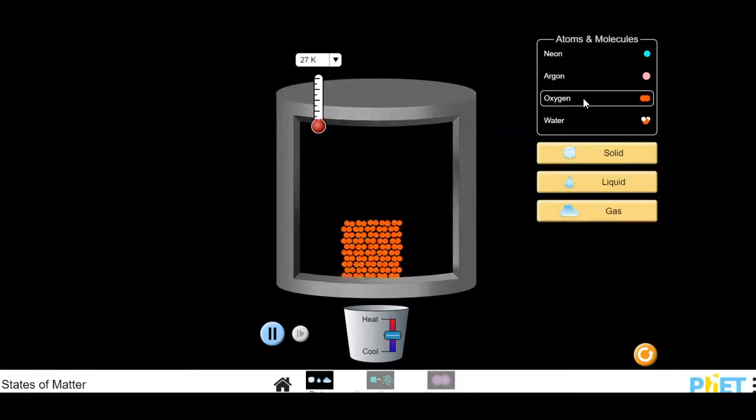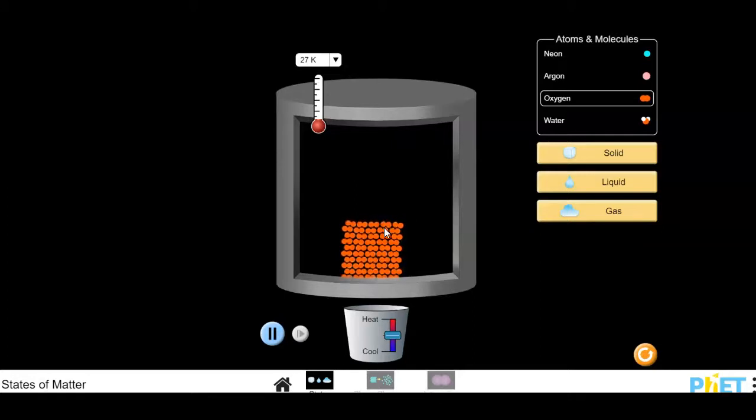Oxygen and water, these are made of atoms, but oxygen is actually a diatomic molecule. And just to remind you, a molecule is a combination of atoms held together by electrical forces. And so this is O2, and if you look closely, you can see the individual oxygen atoms, but you can also see that they're kind of grouped together in bits of 2.